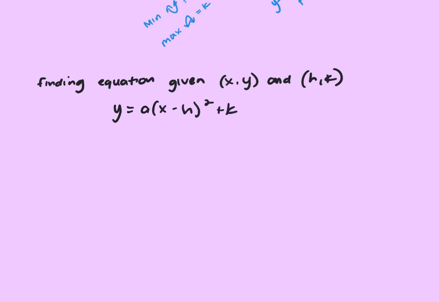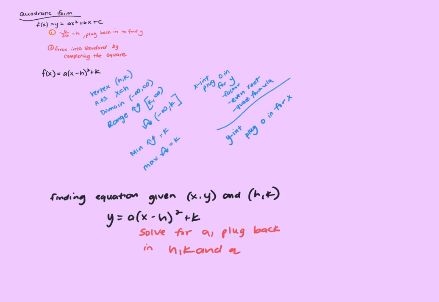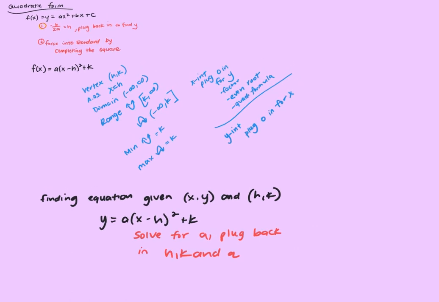You're going to solve for a and then plug back in h, k, and a. So it was a lot of stuff, but that's basically everything that we did yesterday.